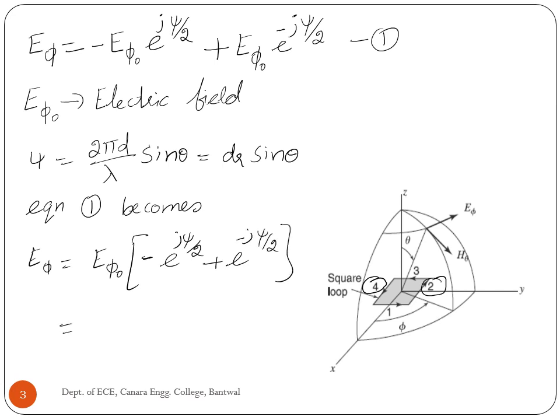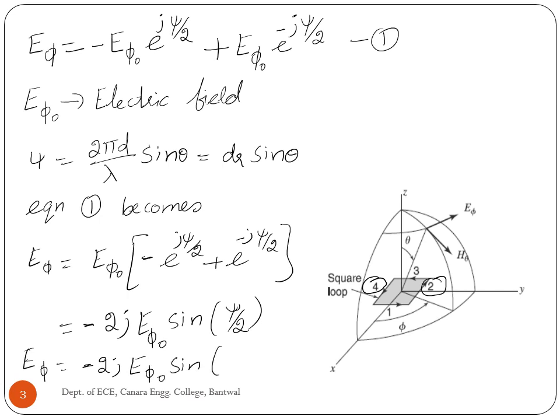It can be written as minus 2j E phi naught sin of xi by 2. Therefore, E phi is equal to minus 2j E phi naught sin of beta d by 2 into sin theta. Equation 2.